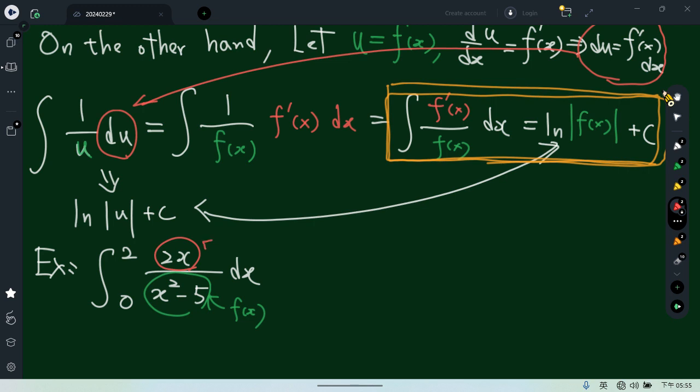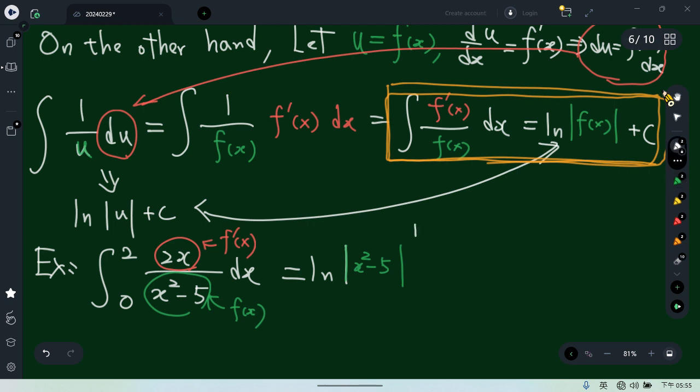So you can see here is the derivative. So based on this formula, you can get ln taking the absolute value of x squared minus 5. Then the two limits are from 0 to 2.